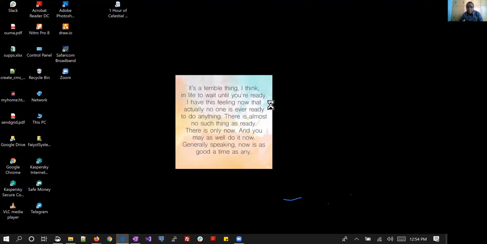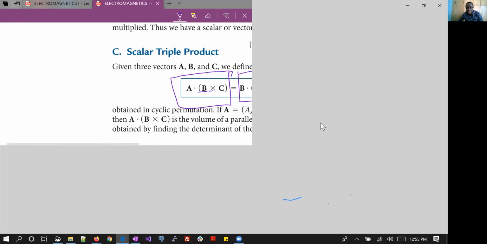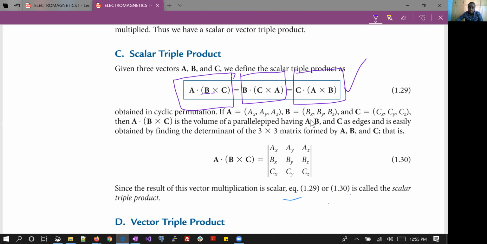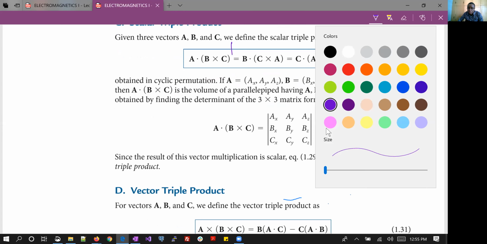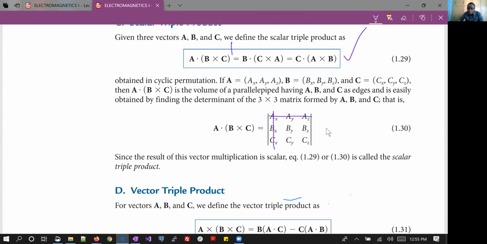And now we are going to say what is the significance of that scalar triple product? If you are given that, you'd take your A to be your coefficient, and B and C become the multiplicands, such that the result would follow the same thing that we have done earlier. You cross this and this, you write it equals AX, the one that you have put at the center, into bracket.